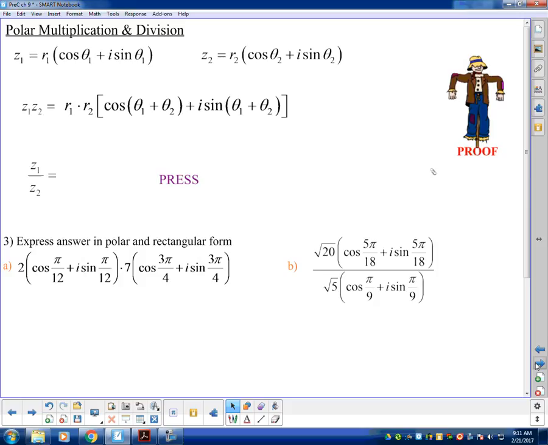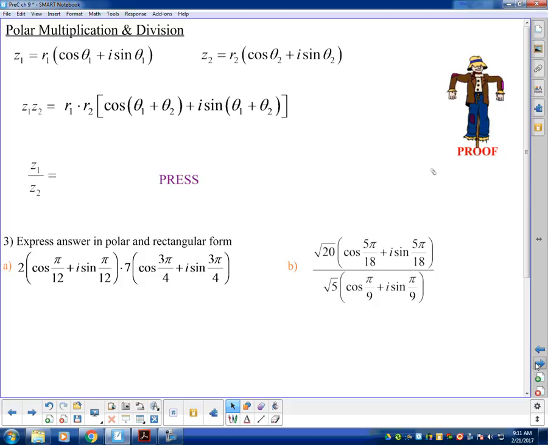What that's saying is you multiply the radii, multiply the r's. And what do you do with the angles? We add the angles.